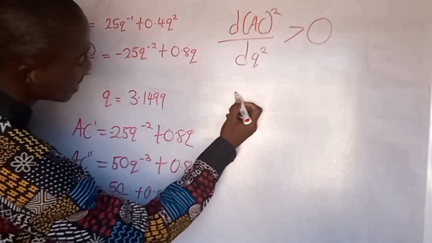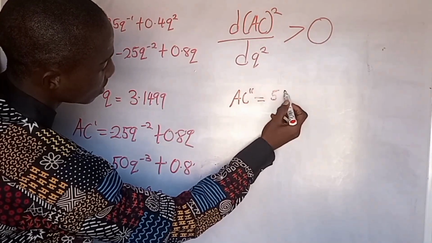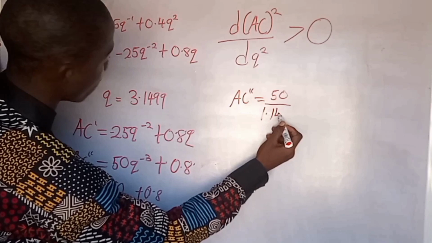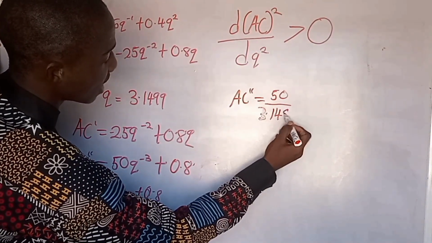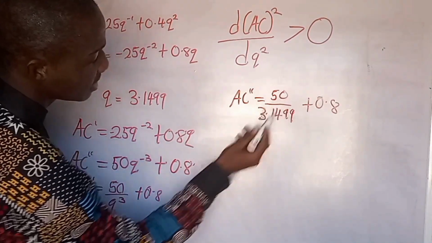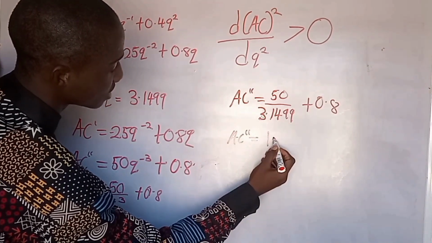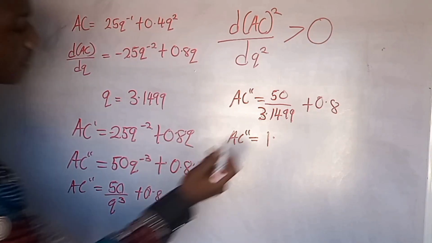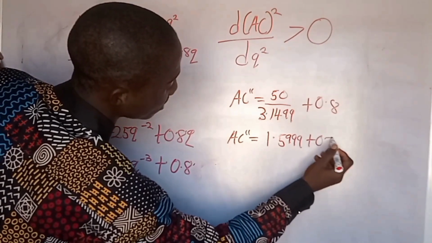So I can say that the second derivative of AC is equal to 50 all over 3.1499 cubed plus 0.8. Now divide this by this, that is 1.5999 plus 0.8.